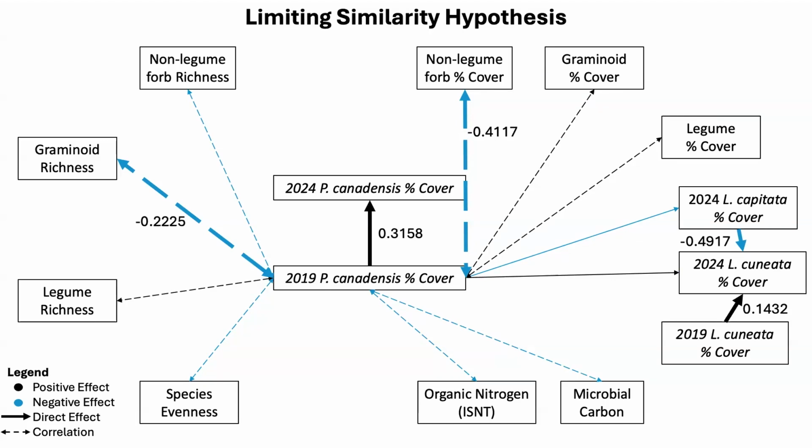So essentially, wherever there's more of that native Lespedeza capitata species, there is less Lespedeza cuneata. I will note that in this, we do not see any significant effect of Pedicularis on either of the Lespedeza species, which is unfortunate. We had hoped to see either.